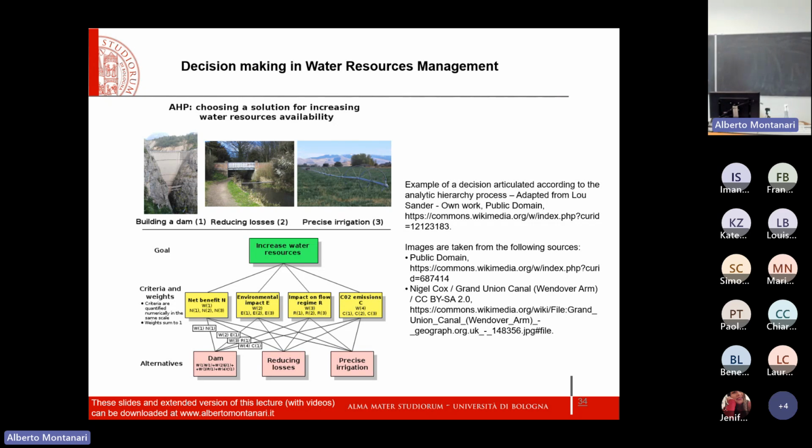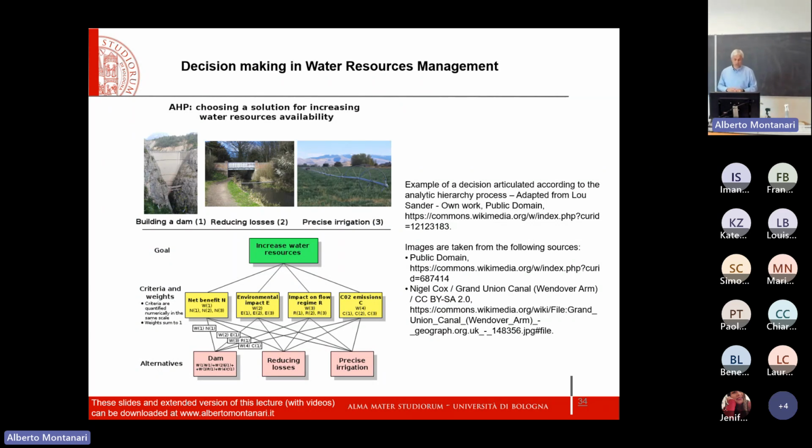If you look at the average in Europe of the leakages in water supply systems for civil use, the losses range from 20% to 40%, which is significant. In agriculture, for irrigation, the losses are around 50% because there is infiltration of water along the canals that are used to bring the water to the fields, to the crops, and therefore you have significant losses. So there is a lot of research and a lot of investment in reducing losses.